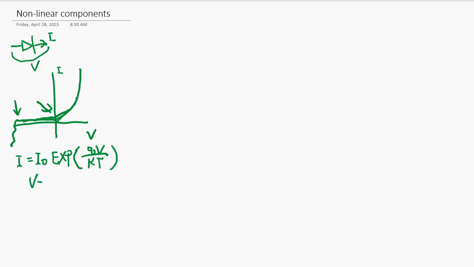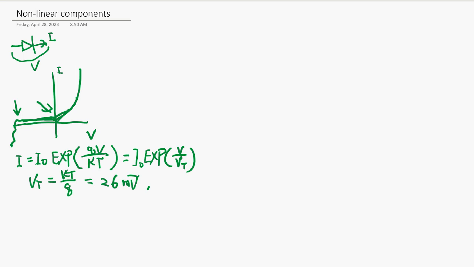And if you define this voltage Vt as KT over Q, where K is the Boltzmann constant, Q is the electron charge, and T is the temperature, then it's going to be I0 exp of V over Vt. And the Vt is about 26 millivolts.